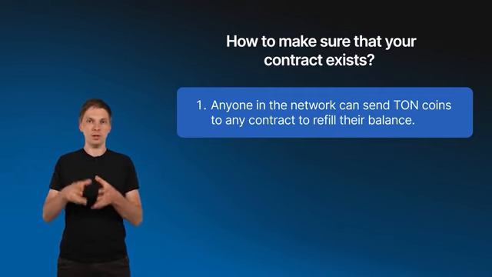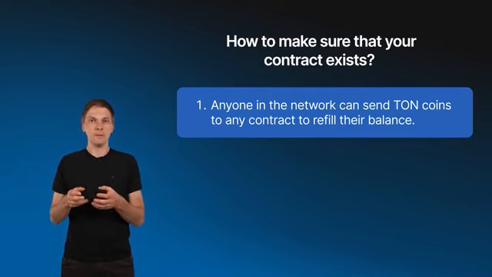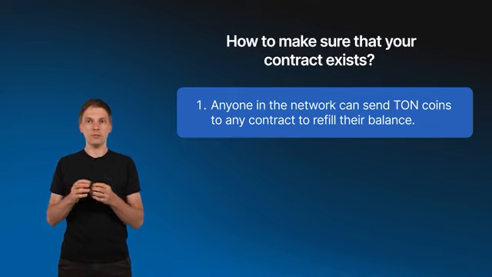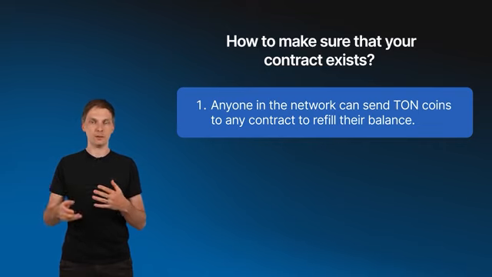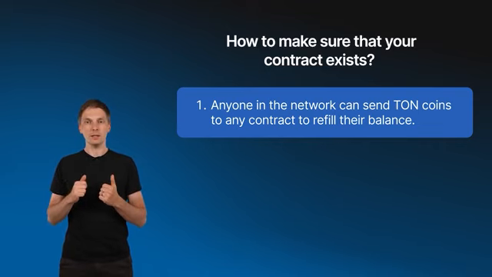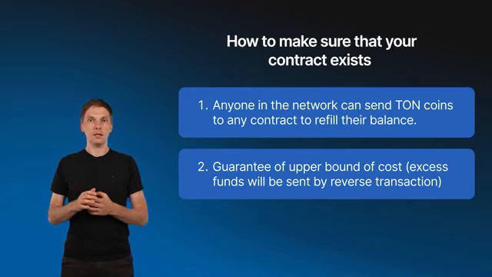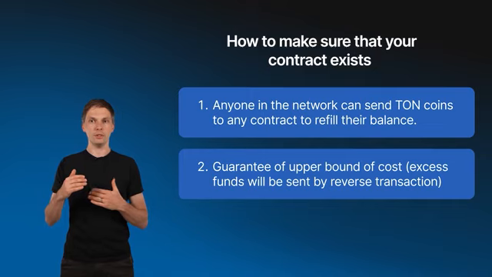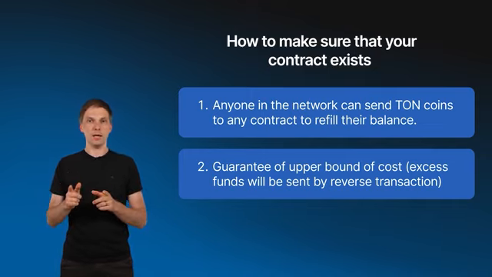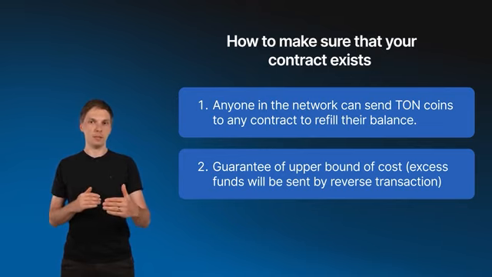And sometimes in the logic of your contract, you can encode a portion of the funds that are transferred in the messages to refill its own balance. Secondly, if you put the cost of the gas and execution on the sender, then you may not always be able to guarantee some specific cost of execution for various reasons, but what you could guarantee is some kind of upper bound.